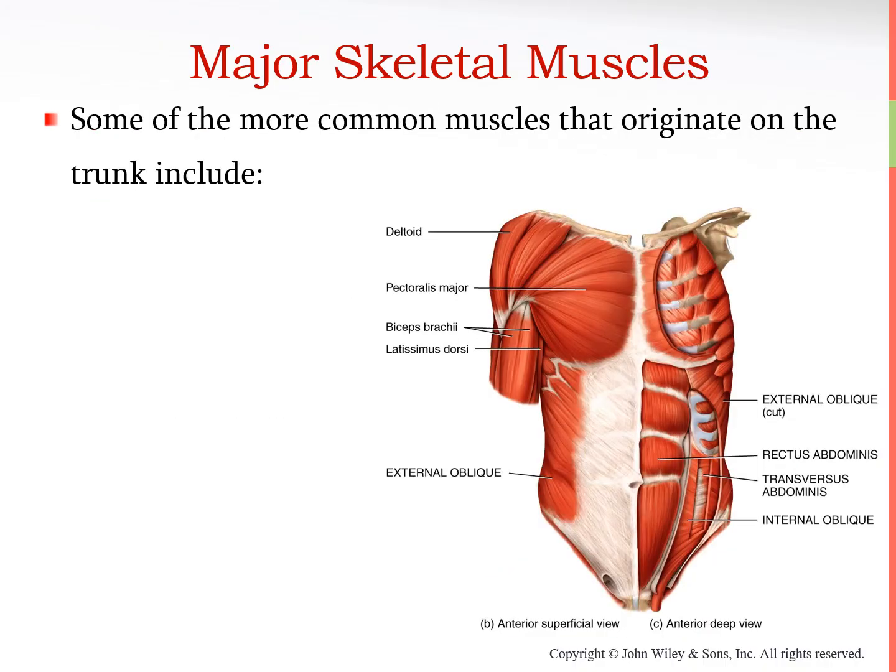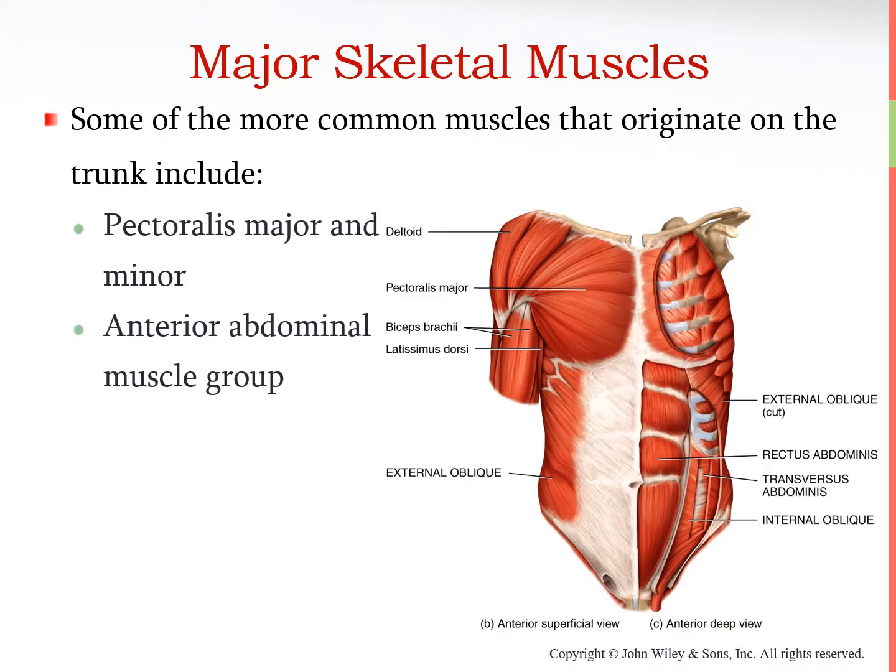Depicted on this diagram are some of the more common muscles that originate on the trunk, and these include the pectoralis major and deep to that the pectoralis minor muscles that cover most of the anterior thoracic region. We also have the anterior abdominal muscle group. We met the rectus abdominis muscles, and lateral to those we have the external obliques, and deep to that we have the internal obliques.